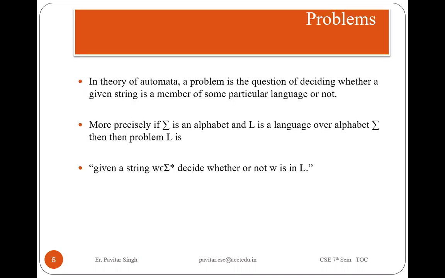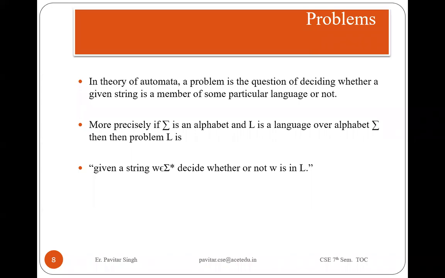So the next definition is problems. So in theory of automata, a problem is the question of deciding whether a given string is a member of some particular language or not. Any question, right? For example, you all are studying in 7th semester, right?